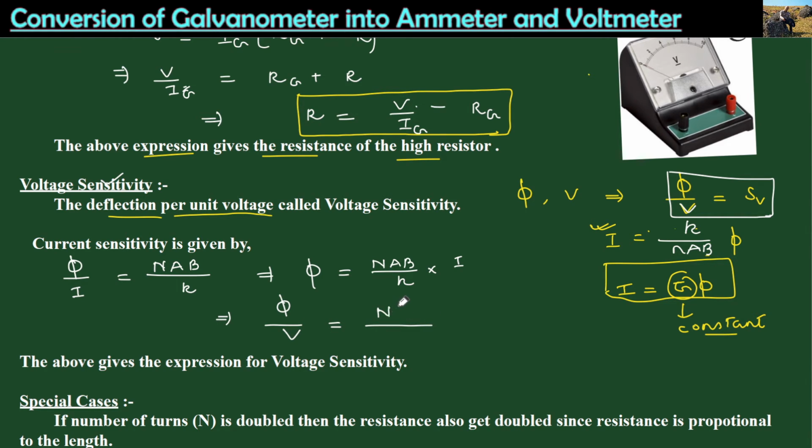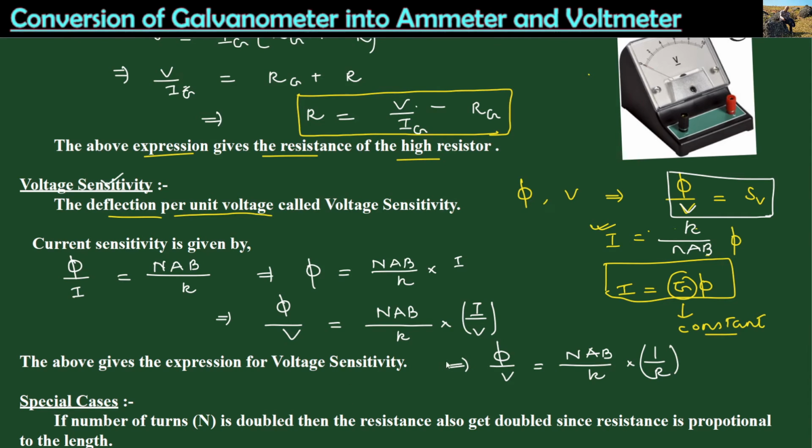Over here we have NAB divided by K, and over here we have I divided by V. Let me write here properly: this will be phi divided by V, this will be NAB divided by K, and this I divided by V is nothing but the reciprocal of what? The reciprocal of your resistance.